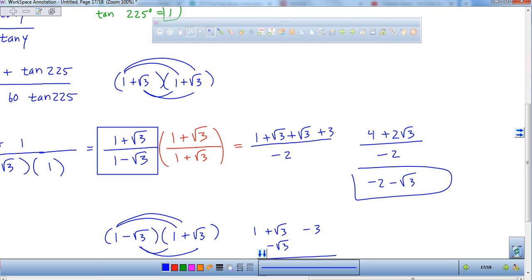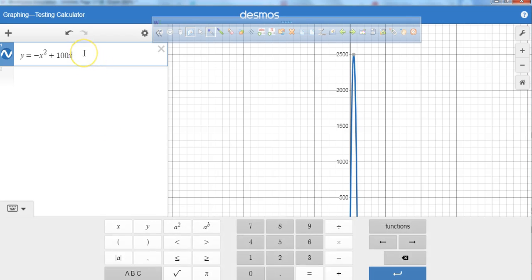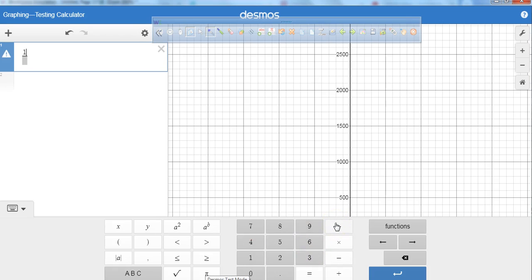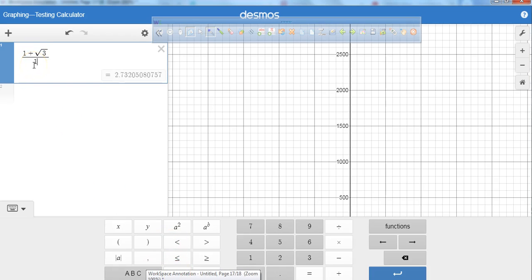Okay, so real quick, I'm going to show you so you can understand this is the exact same answer. If I made a fraction and I typed in 1 plus radical 3, and underneath it I put 1 minus radical 3, you get this decimal right here.